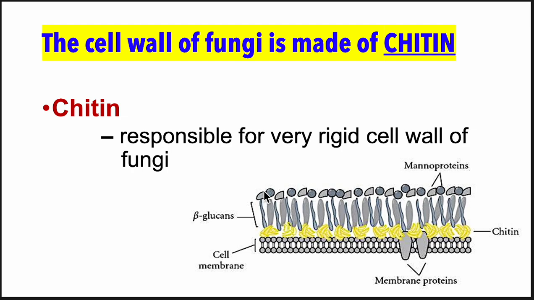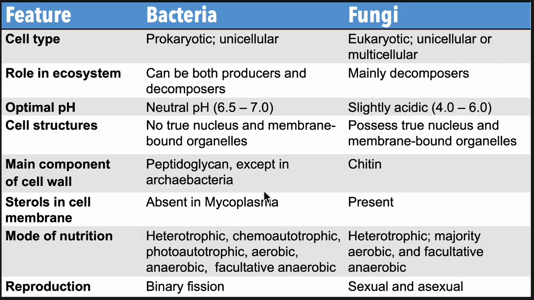How about the plant cell wall? The plant cell wall is made up of cellulose. Another thing, we have here the differentiating points between prokaryotic cells like bacteria and eukaryotic cells like fungi.